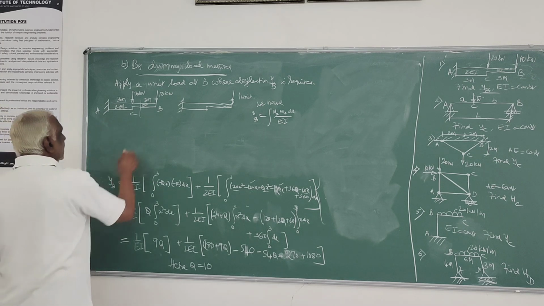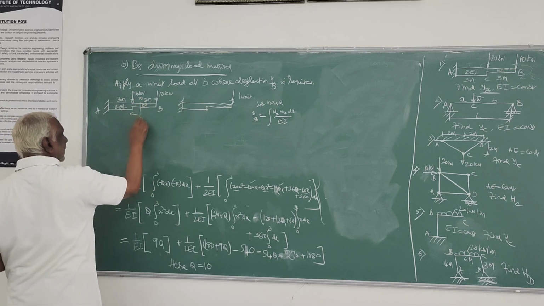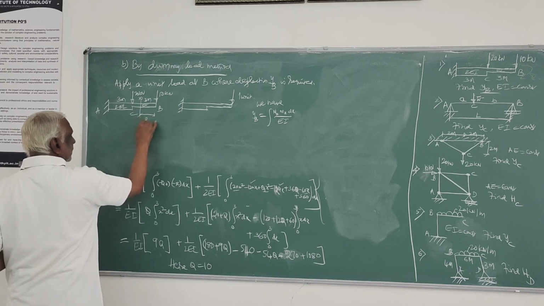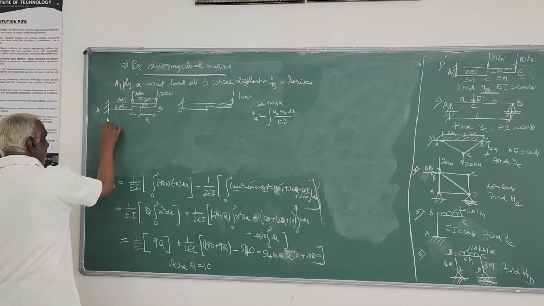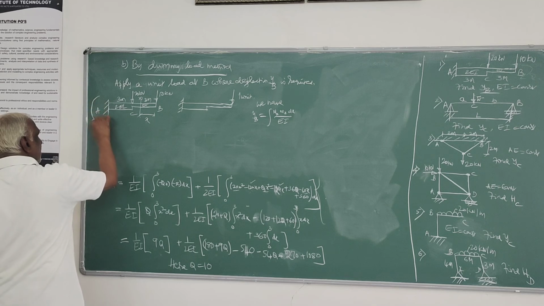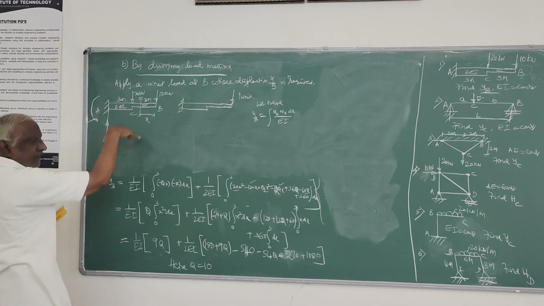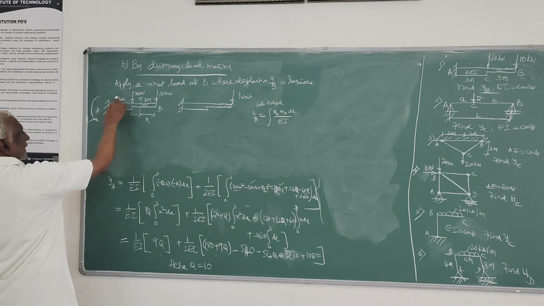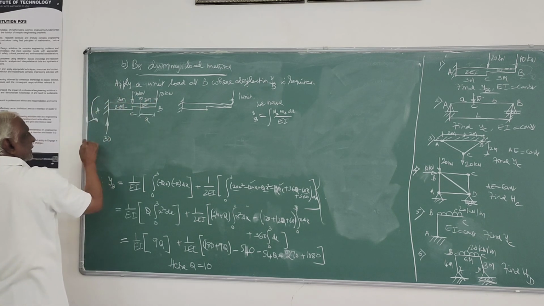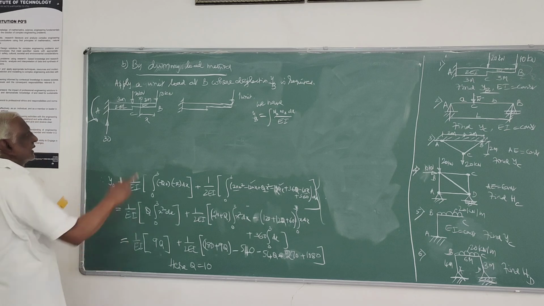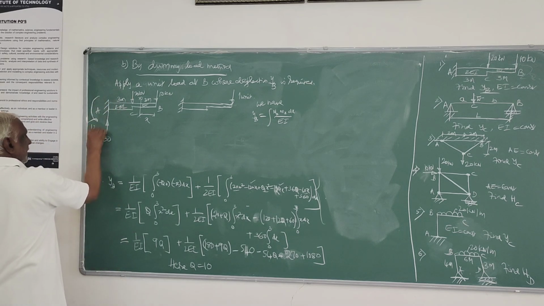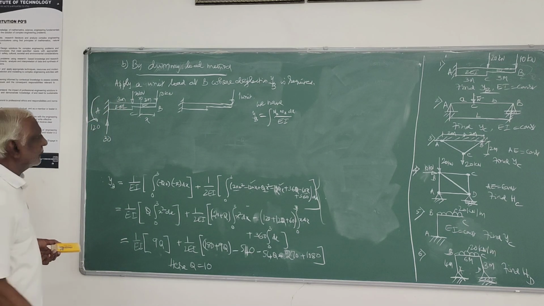Then I need a section here, as usual, similar to Castigliano's theorem. I will give you the reaction. Here reaction is 30. Moment is 20 into 3, 60, 10 into 6, 60, 60 plus 60, 120. It is 120.